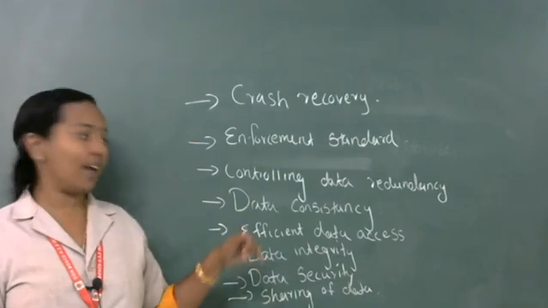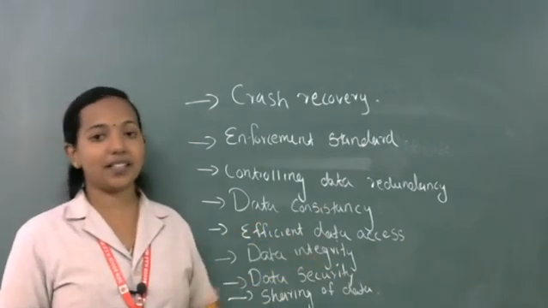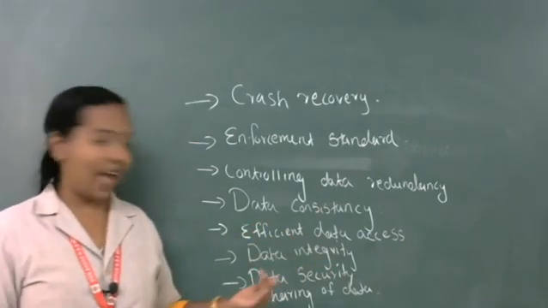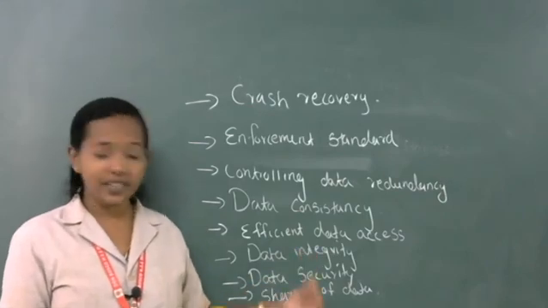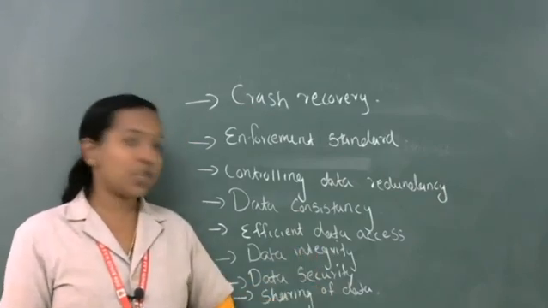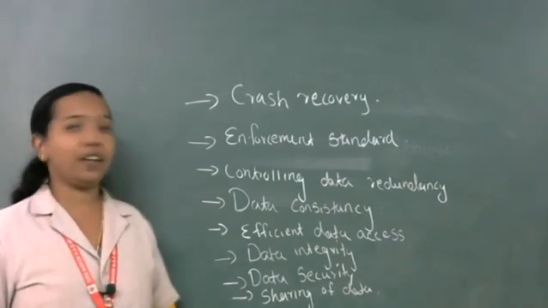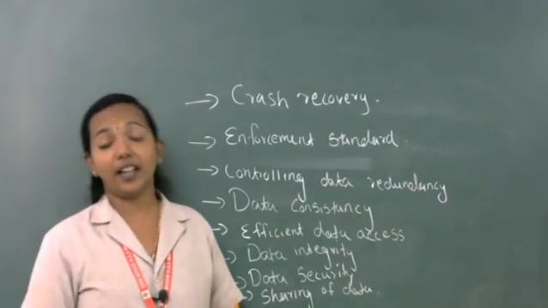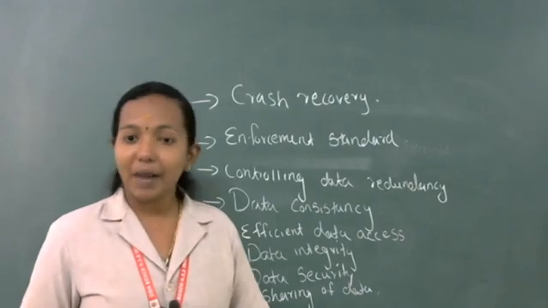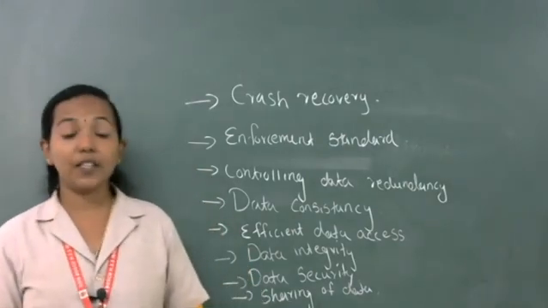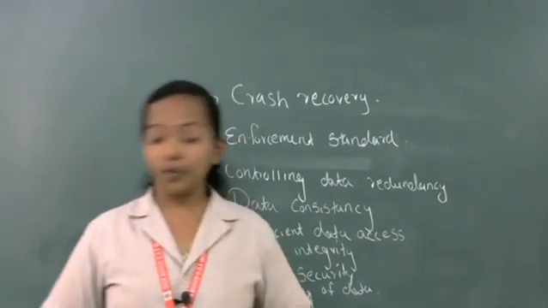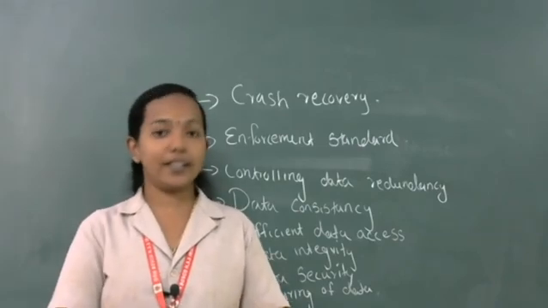If consistent data is there, then definitely we can have efficient data access. Data integrity, data security, sharing of data, enforcement of standards, crash recovery. These are all the different advantages of database. By this we are using databases for web technology and also for storing related data.